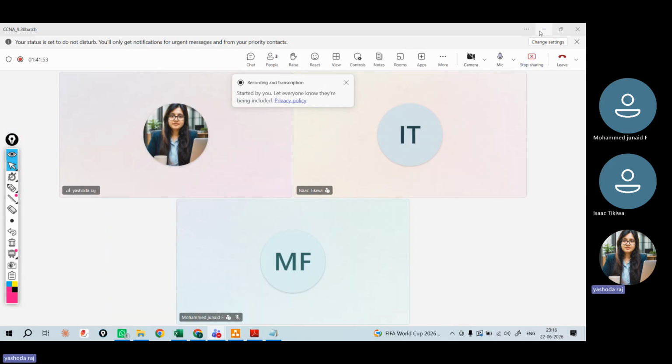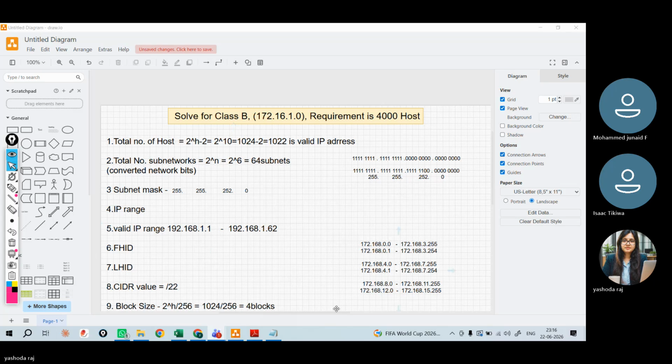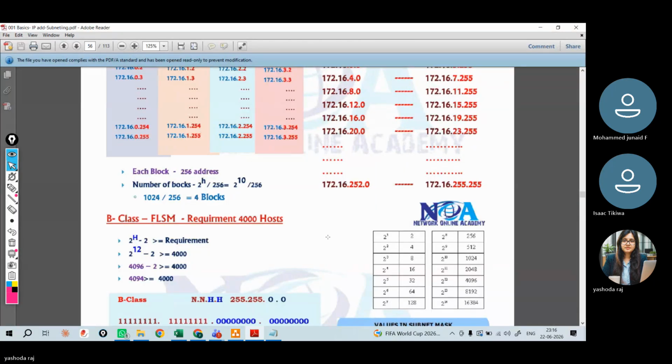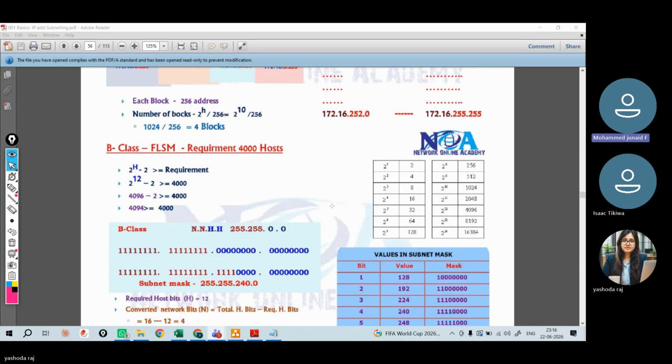Easy or tough? Finding easy or tough? Easy. Just a lot of thinking to do. IP range is... to... Yeah, you can look into this.